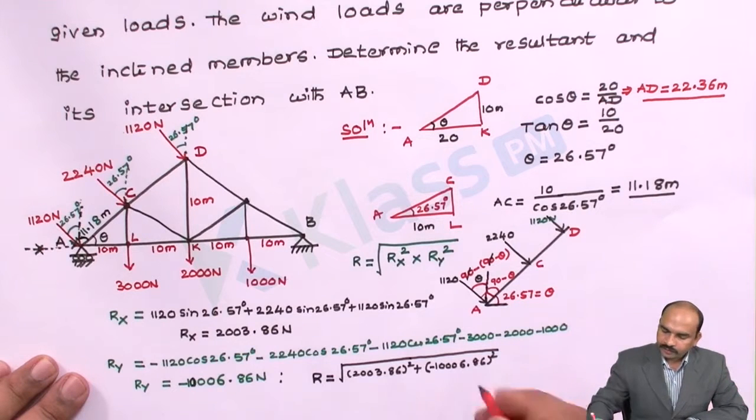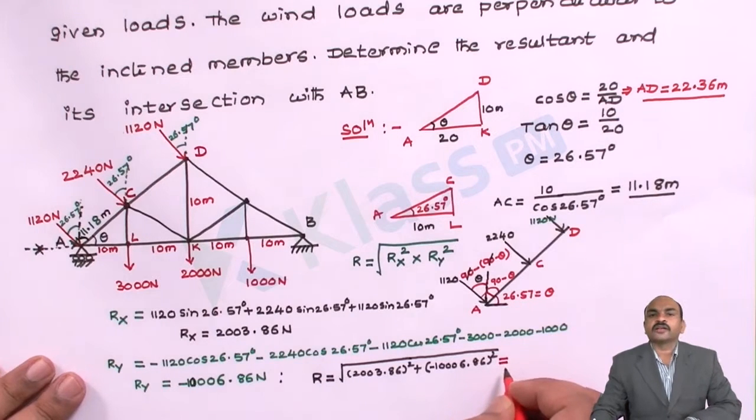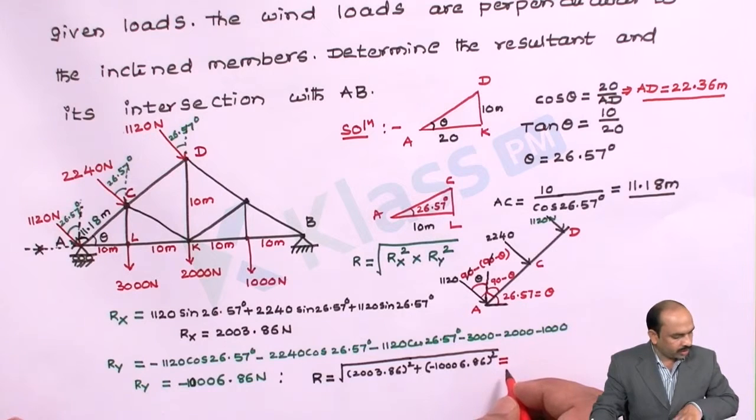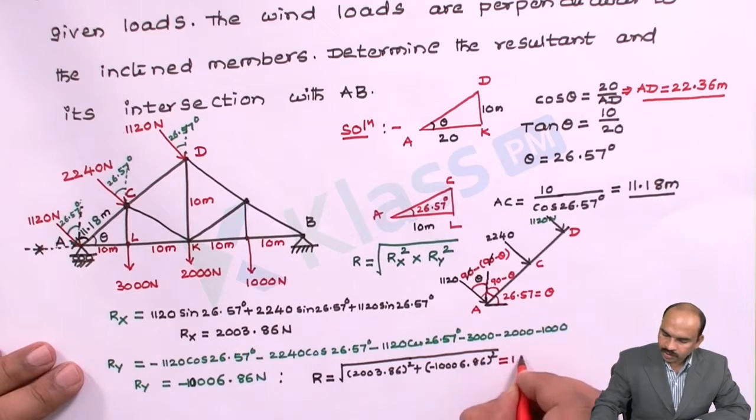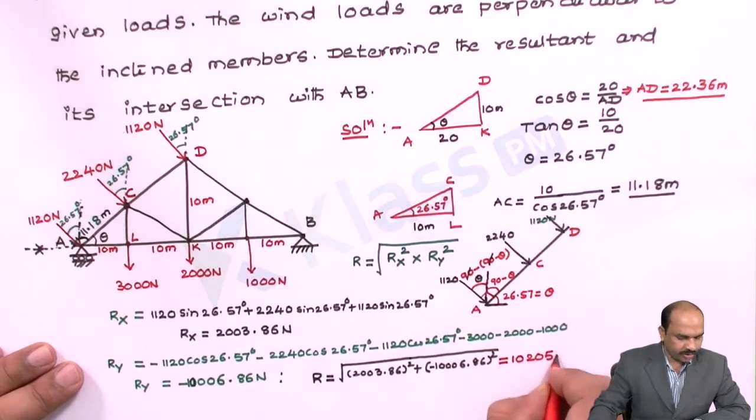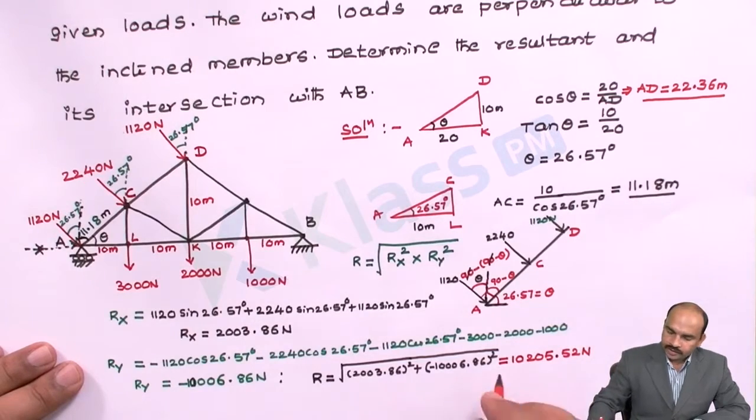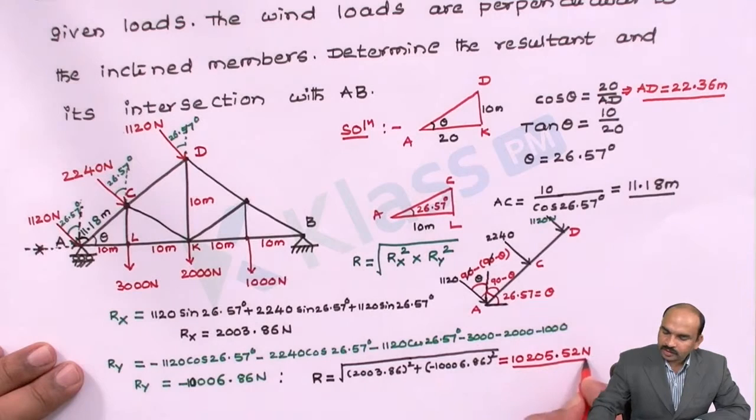So we are getting this resultant force R as 10,205.52 newtons. This is the total resultant force.